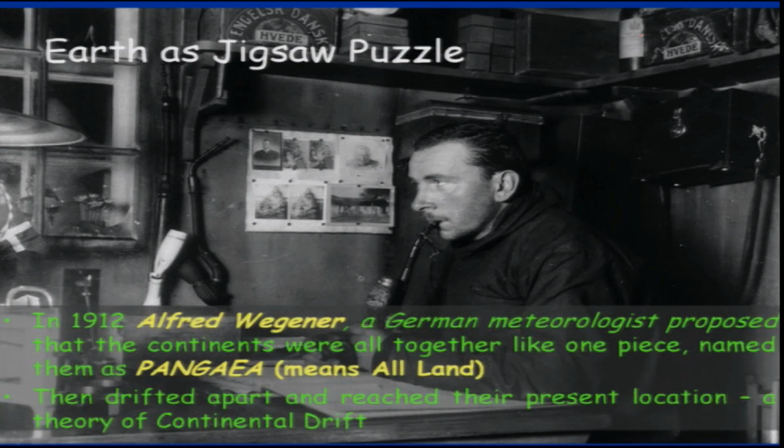He looked at the Earth as a jigsaw puzzle. In 1912, Alfred Wegener, a German meteorologist, proposed that the continents were all together like one piece, which was named Pangaea, meaning all land. Then they drifted apart and reached their present locations, and that theory was termed the continental drift theory.